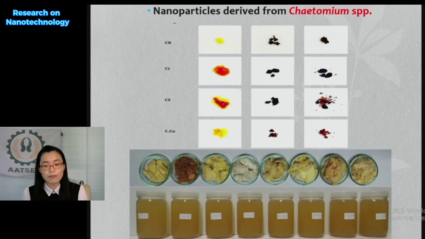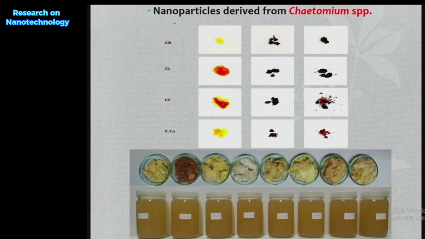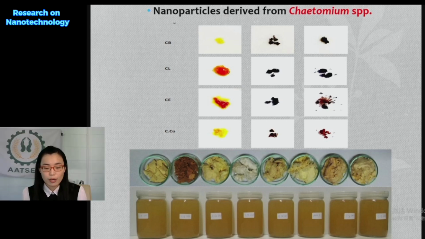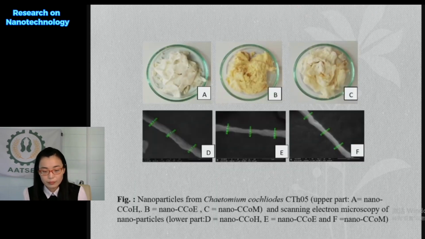And so I have already extracted different kinds of metabolites from ketamine species. You can see in the photo, the first upper photo shows the extracts and also pure compounds. After that, we loaded them as nanoparticles, as the figure shows, and formulated them as a liquid formulation.